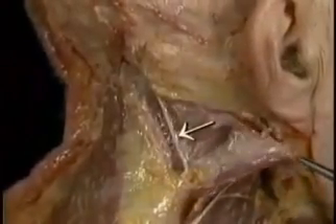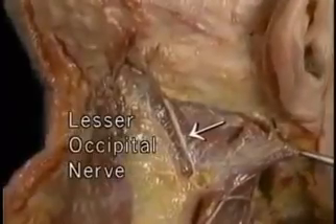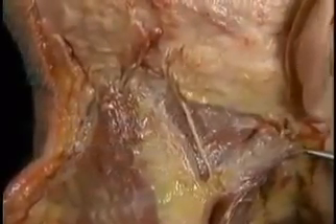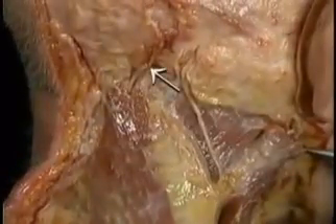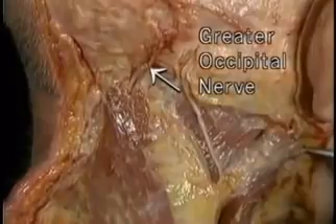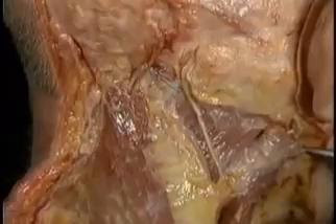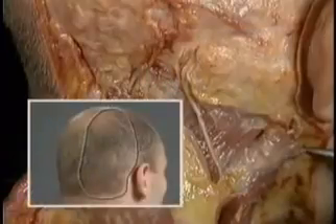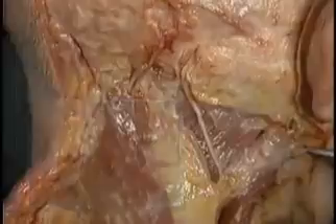Here, just beneath the sternocleidomastoid, is the lesser occipital nerve. Here, more posteriorly, is the greater occipital nerve, arising from the posterior root of C2. The occipital nerves supply this area on the back of the scalp.